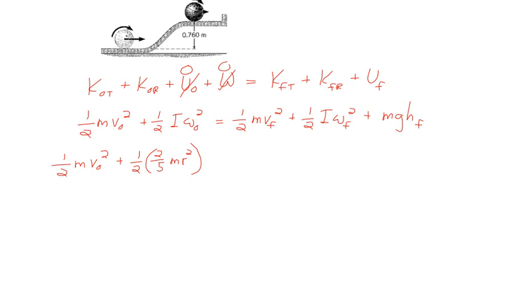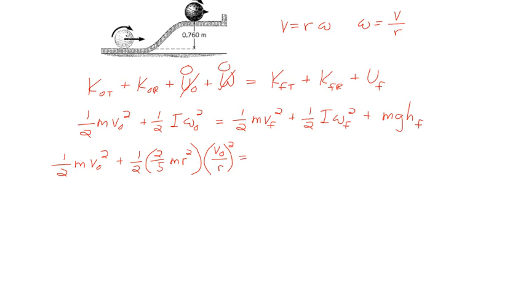You remember V is r omega. So since I want to replace omega, omega would be V divided by r. So I'm going to replace this with VO over r squared.